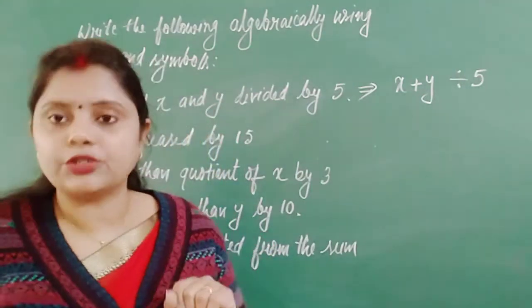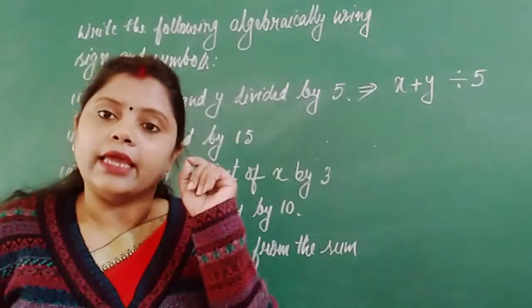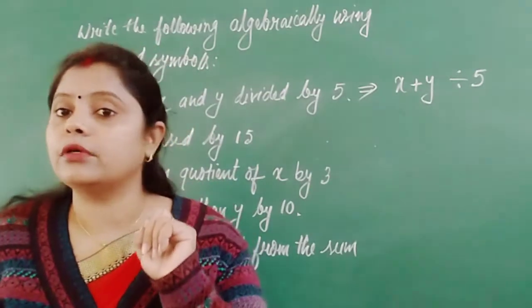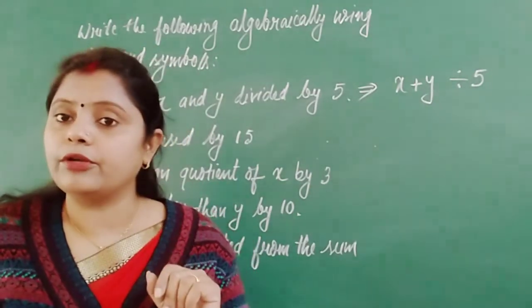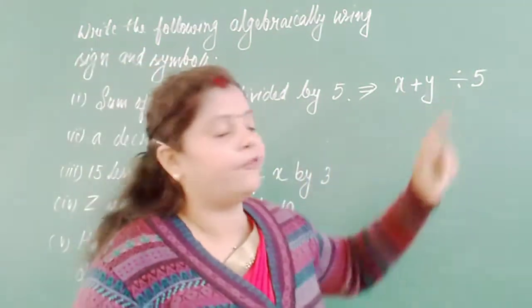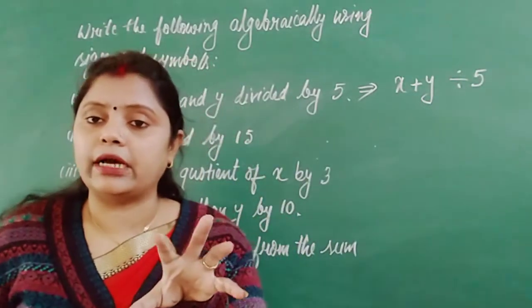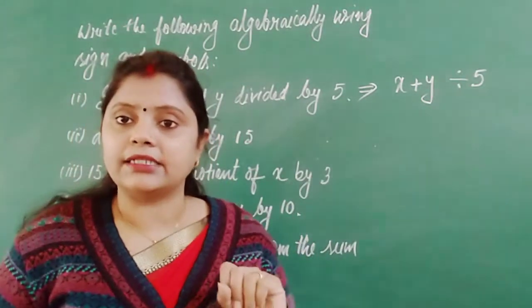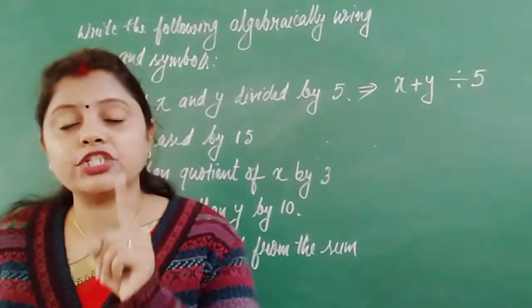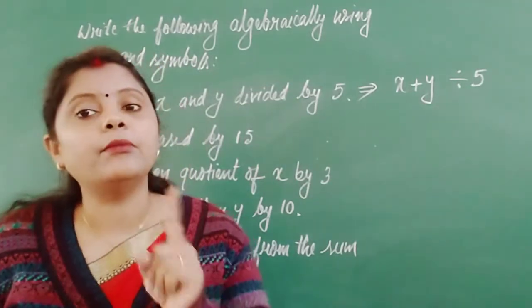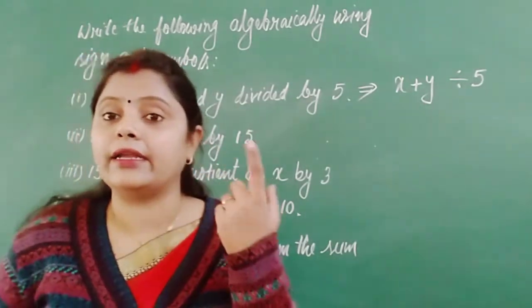Because if somebody solves this particular one, he or she will follow the BODMAS rule. And what will he do? He will divide y by 5 and whatever answer comes, he will add that to x. But here in the question they have said that the sum of x and y is divided by 5.